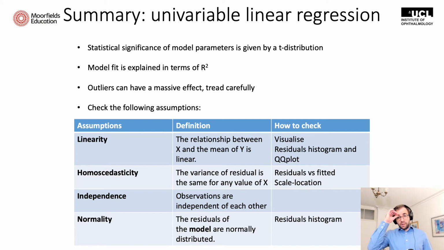So anyway, to summarize what we've seen about univariable linear regression. We talked about the statistical significance of the model parameters given by the t-distribution. We talked a bit about the model fit and how that's explained with the r-squared. And I showed you how outliers can have a big effect, so you have to be careful with outliers, and you have to decide what to do with them, whether to keep them or not, or whether to try and build a model that can account for outliers so it doesn't give them too much weight.